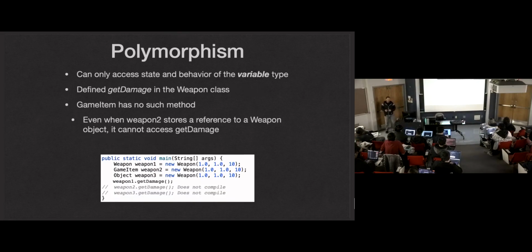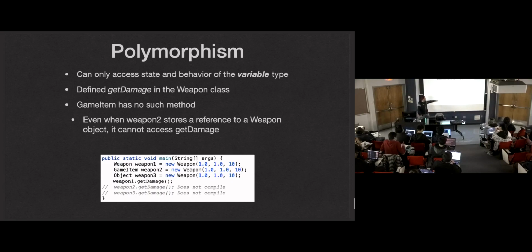I'm going to start with a big downside. There's a huge downside to polymorphism, and I think polymorphism is so strong, it's going to sell itself so much that I'm going to start with the downside and tell you the bad stuff, and then we'll get into why we would actually use polymorphism. But the downside is that we can only access state and behavior associated with, or rather known to, the type of the variable.